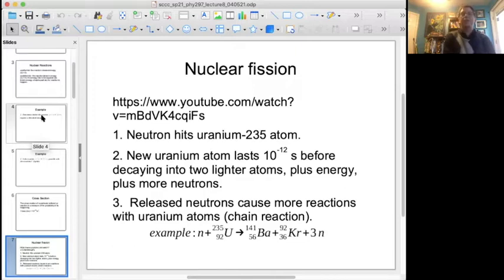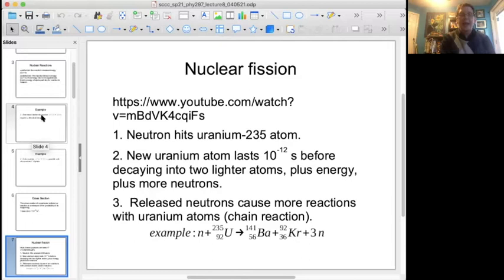But uranium-236 is extremely unstable. It has a lifetime of 10 to the negative 12 seconds, a very small lifetime, before it decays into two lighter atoms, plus energy, plus more neutrons.